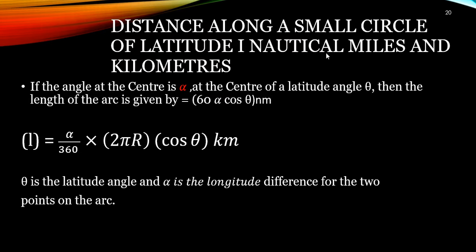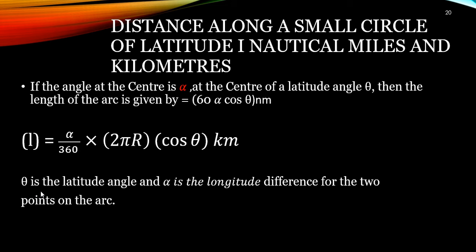Then for distances along a small circle, if the angle at the center is alpha, at the center of a latitude angle theta, then the length of the arc is given by 60 times alpha times cos theta nautical miles, or the length of that curved part is equal to alpha over 360 times 2 pi r times cos theta, in kilometers.